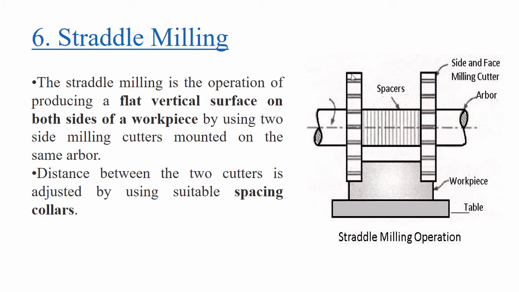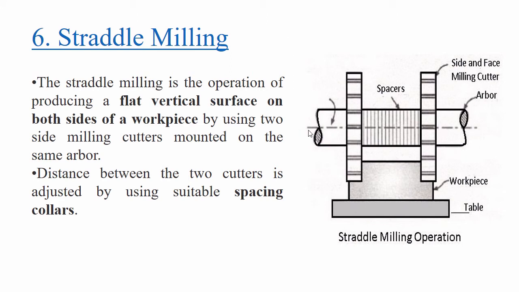So let us summarize straddle milling. It is used for producing flat vertical surfaces. The cutters are mounted on the ends of the workpiece, and there is a spacer. The width of this spacer must be equal to the width to be maintained by the workpiece to produce the product.